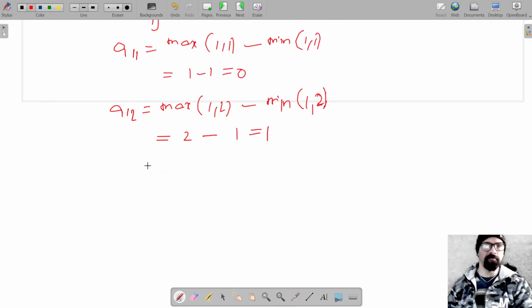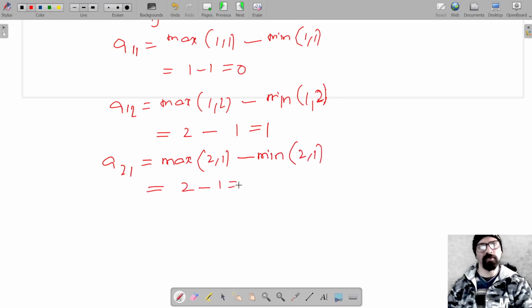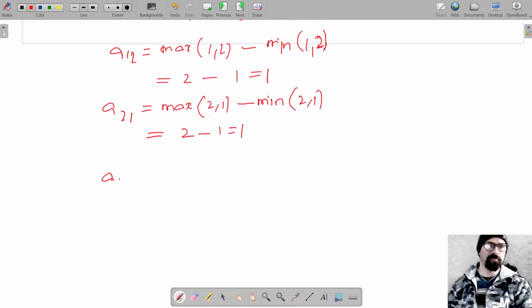So this is 1. Now a21 is max out of 2, 1 minus minimum out of 2, 1. So max is 2, minimum is 1. So this is also 1. And let's find out a22, which is the max out of 2, 2 minus minimum out of 2, 2.